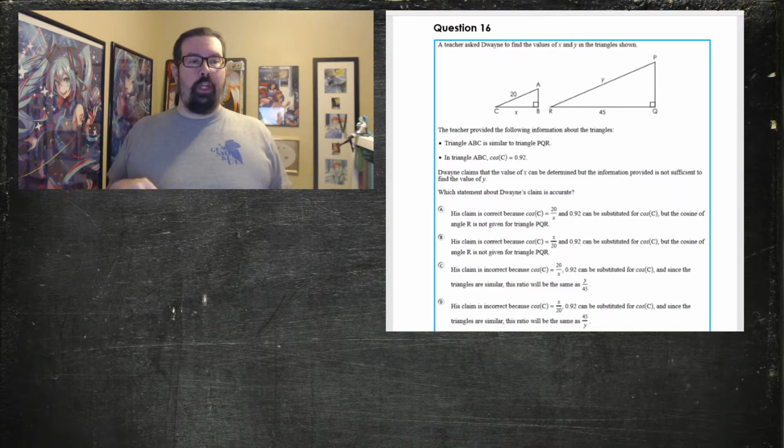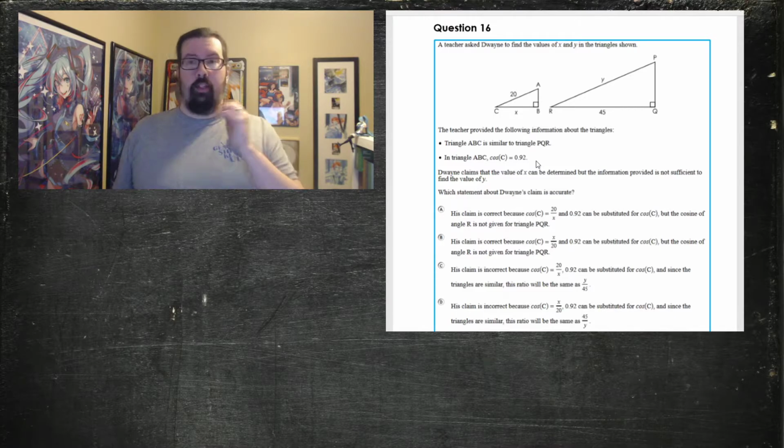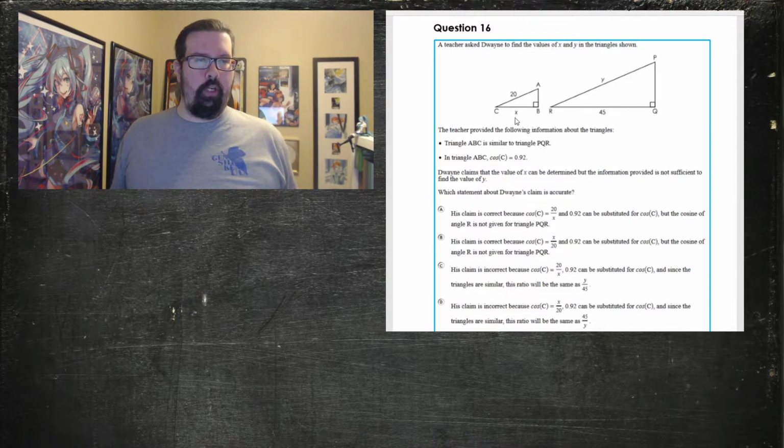So since we know the cosine of C, we know the cosine of its corresponding part, R. So the cosine of that is 0.92. And the cosine, as we know, is the adjacent over the hypotenuse. And conveniently enough, over here on ABC, x is our adjacent side, and the hypotenuse is 20.